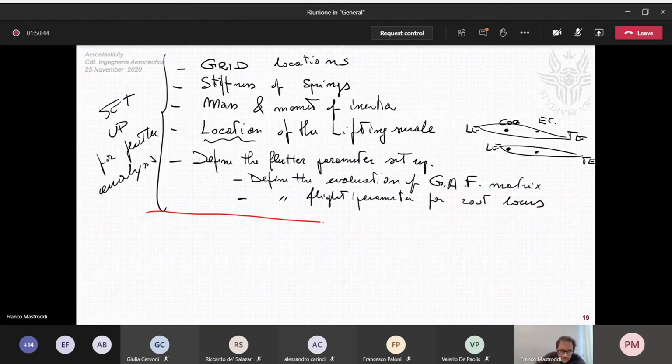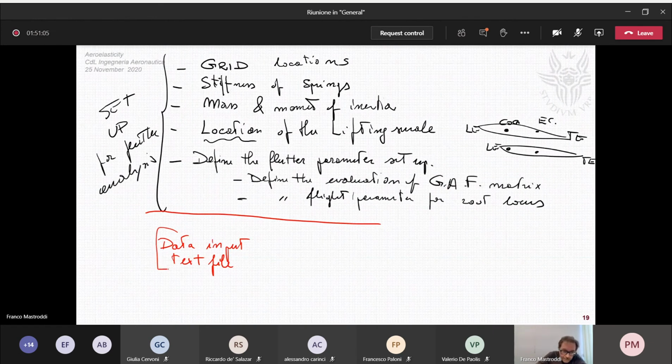We have a data input text file for any kind of model, an aircraft or a typical section. You always have a text file. This is important.